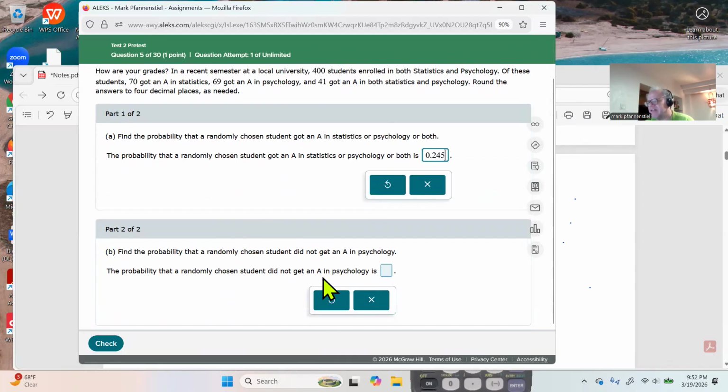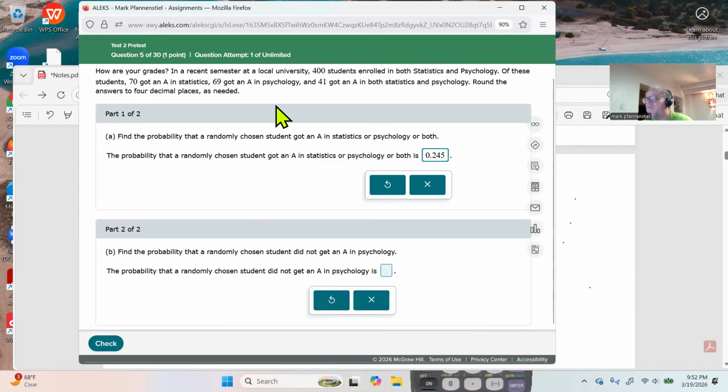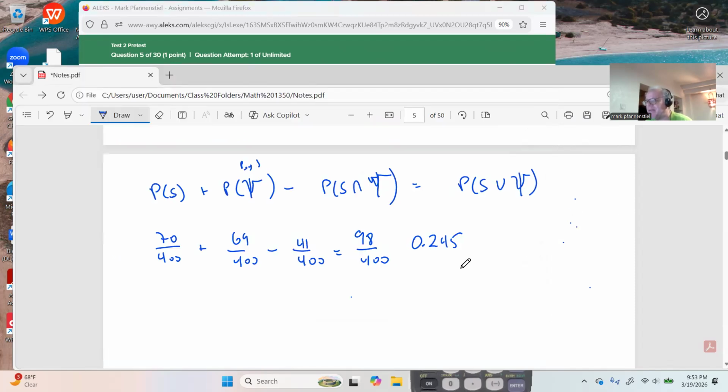The randomly selected student did not get an A in psychology. Be careful when you're reading these things because that's what tricks you up. So we're going to look at the psychology. 69 got an A in psychology. How many people didn't? So we're going to say this is 400 minus 69, all over 400. So we can go ahead and calculate what this is going to be.